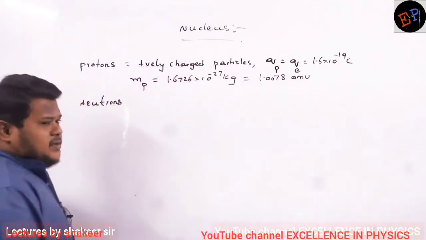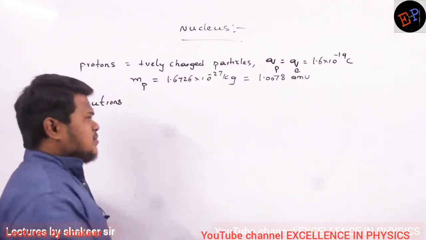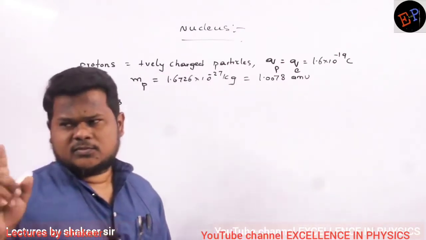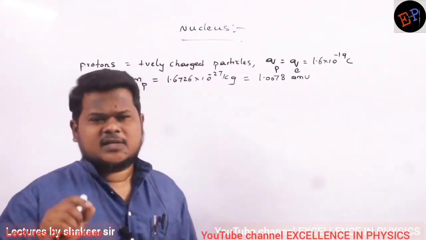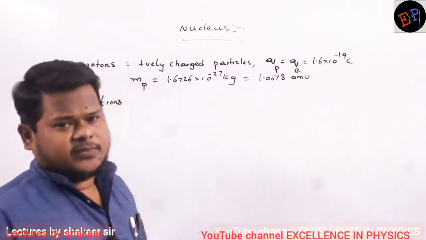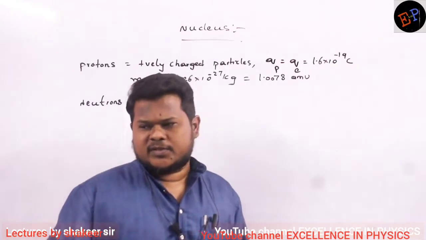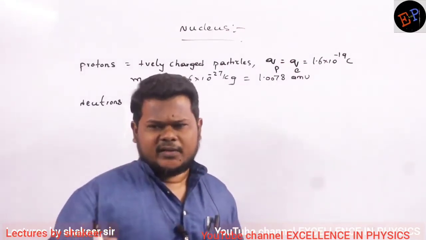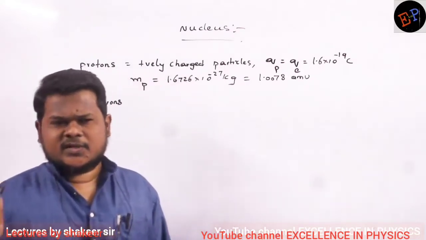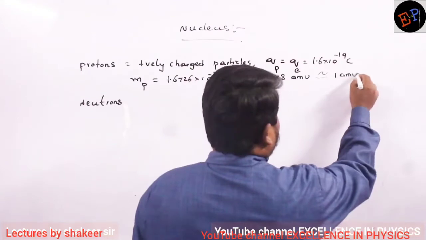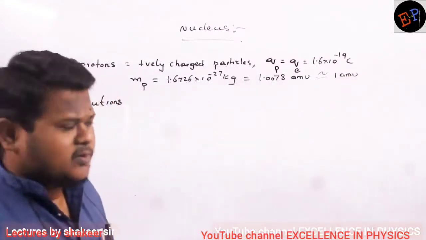So it is almost equal to 1 AMU, slightly greater, by 0.0078 AMU. Mass of proton is very slightly greater than 1 AMU, approximately equal to 1 AMU. Are you able to understand?